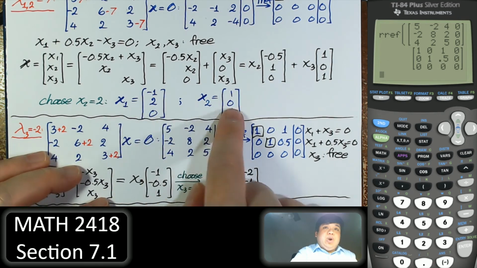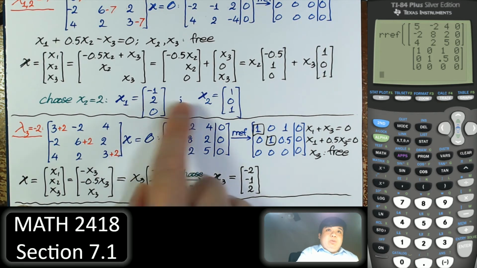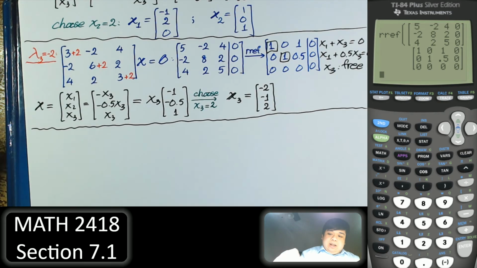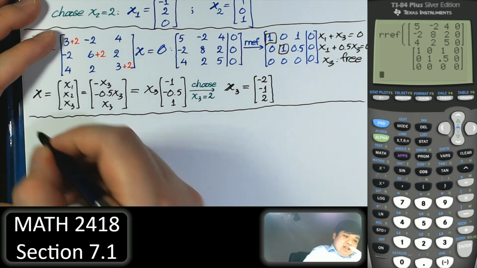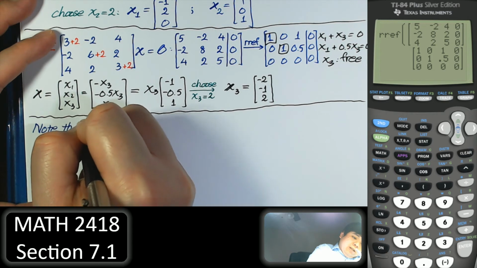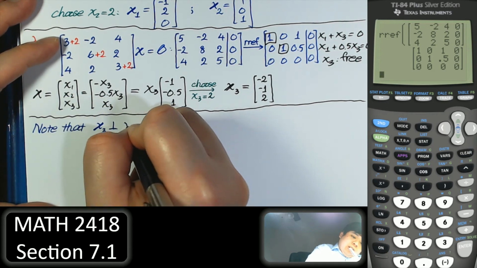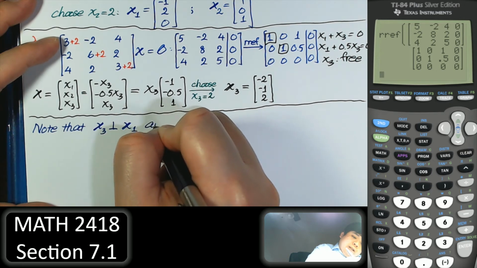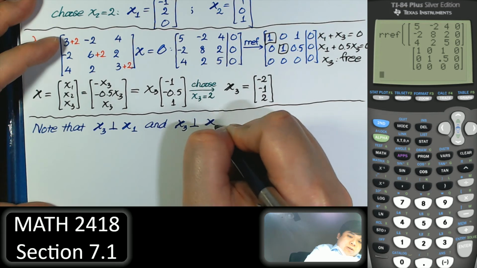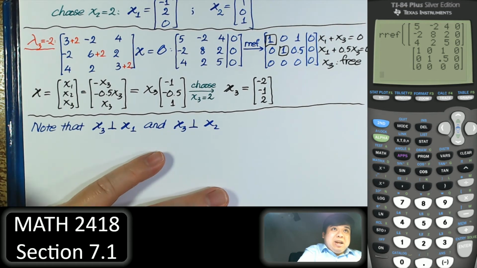These two are in the same space, and when we multiply, that's -1, so they are not orthogonal with each other. Let me write the note here. Note that x3 is orthogonal to x1 and x3 is orthogonal to x2 because x3 is in a different eigenspace, the eigenspace corresponding to the eigenvalue of -2, than x1 and x2.